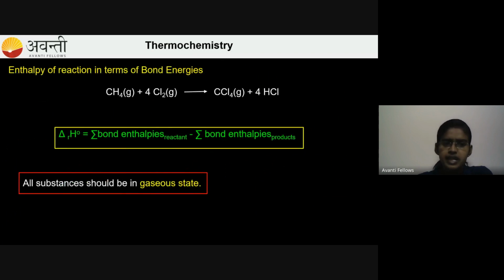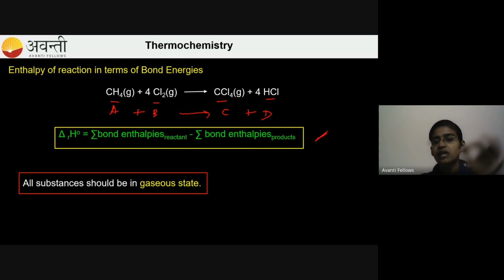Now coming to the next thing, enthalpy of reaction in terms of bond energy. For this reaction, methane reacting with chlorine to give CCl4 and HCl, we have A plus B giving C plus D. Okay, delta HR naught from bond enthalpies can be calculated from this formula: summation of bond enthalpy of reactants minus summation of bond enthalpy of products.